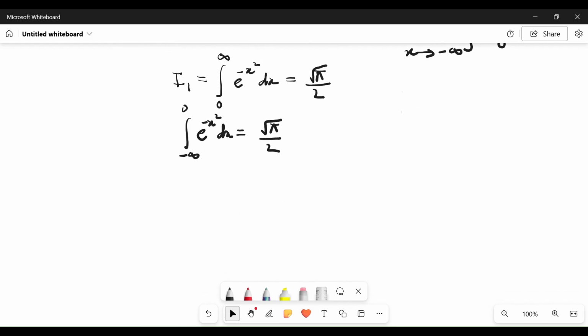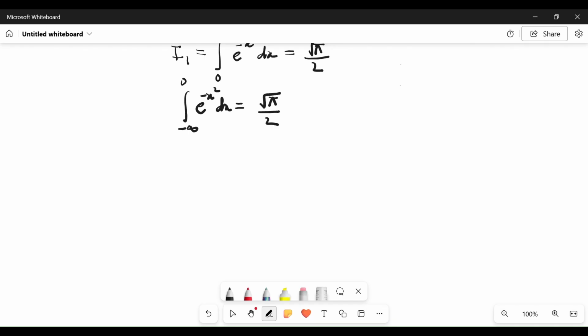Now, if you want to find out the integral of this one, then what will you do? Let us take this as some I2. In this case, it's easy.